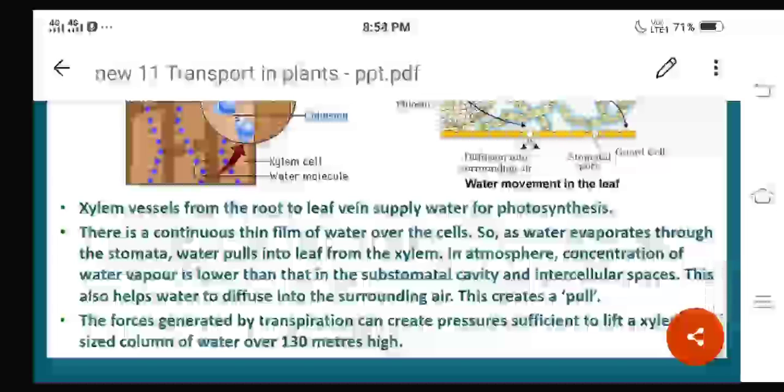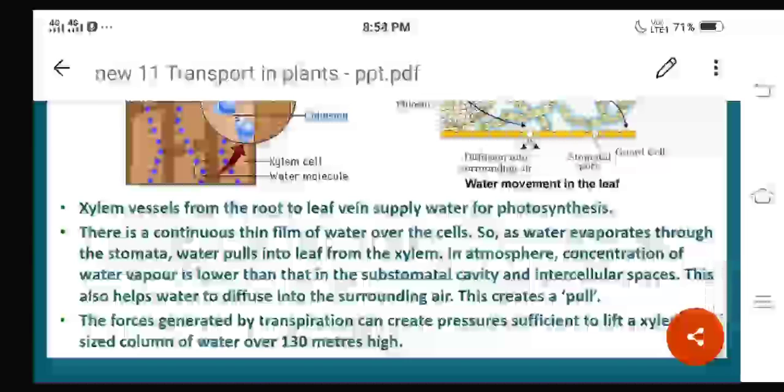And here finally, based on this, we are going to mention one more point: the forces generated by transpiration. The forces generated by transpiration means the transpiration pull only.